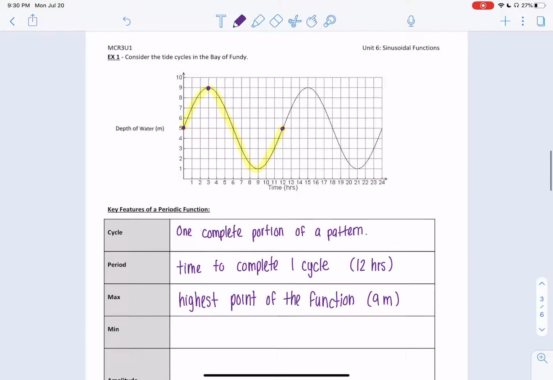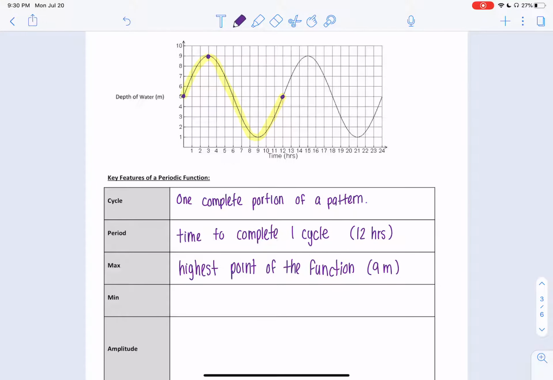Next is our minimum, which is kind of similar. So it would be the lowest point of the function. So in this case, we get all the way down to 1 meter.